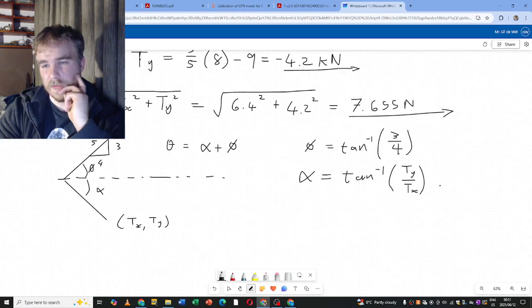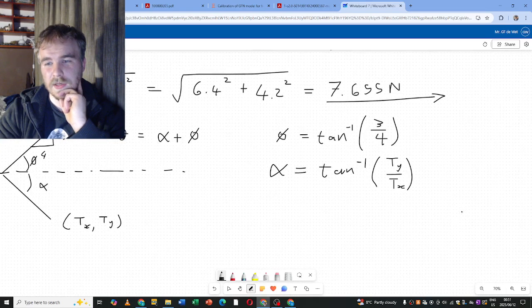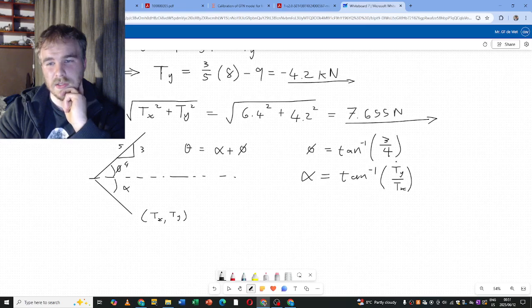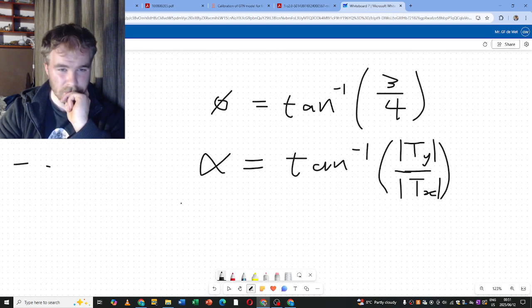And now when I'm talking about Ty and Tx, we just need to specify that these need to be the absolute value. Because if we throw a negative in here, we are going to have issues.